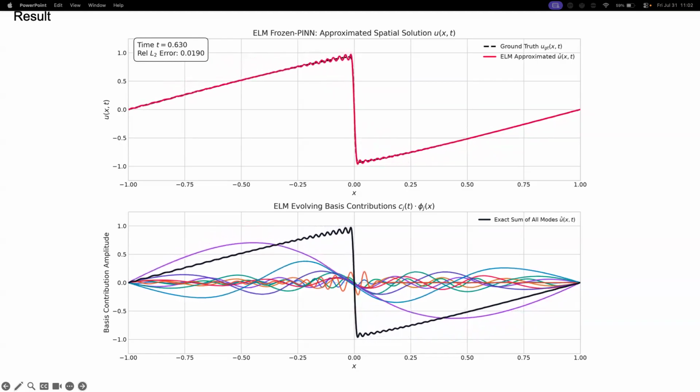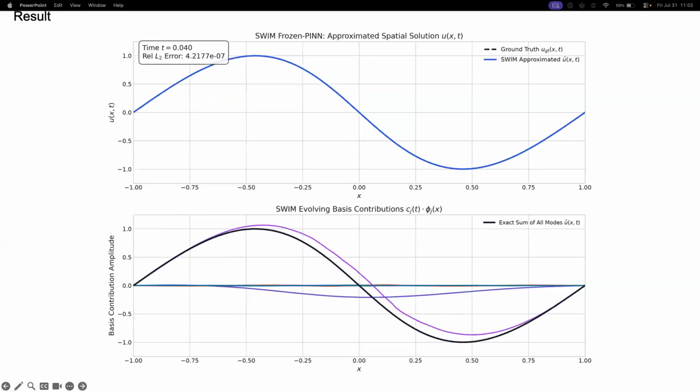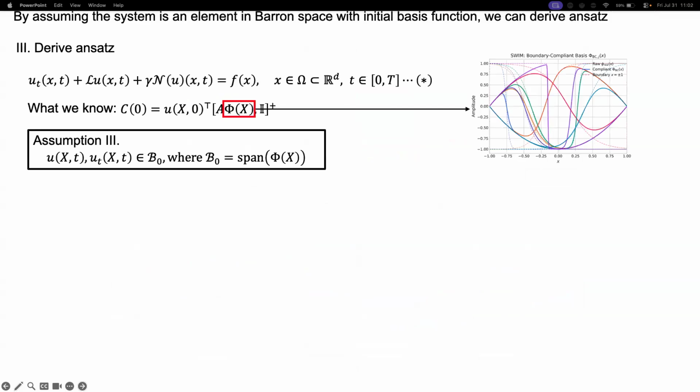일단 네. So, as we see in the example, let's move on to assumption number three. As before mentioned, we assume that u and u_t or any other derivatives with respect to t are in the Barron space, which is spanned by the basis functions, which is sampled from the initial condition.